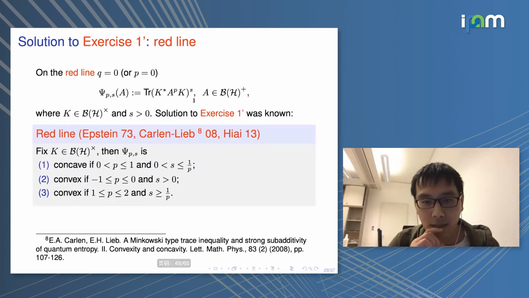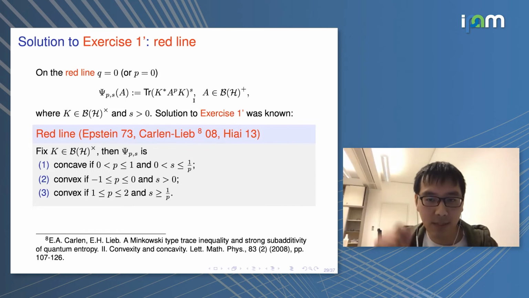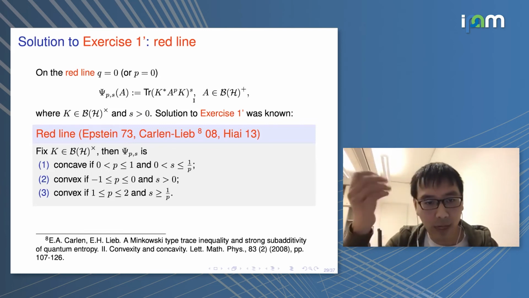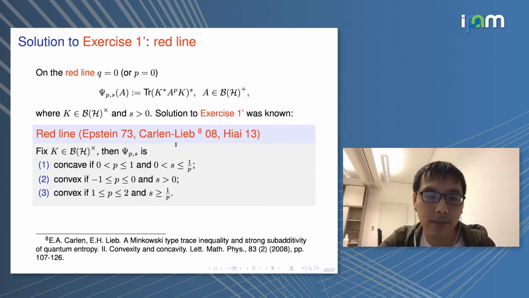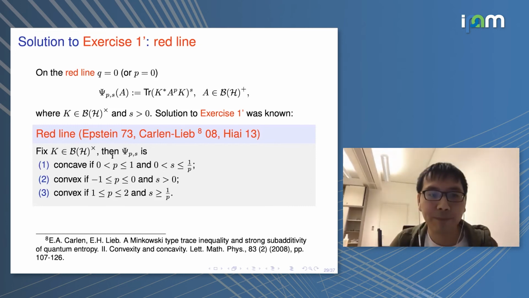Therefore, this is actually the solution of exercise 1', and this is actually already known due to the work of many people, Epstein, Carlen-Lieb, and Rényi. So you don't really need to read in details of this statement. It just tells you that on the red line we have all the desired convexity and concavity property.